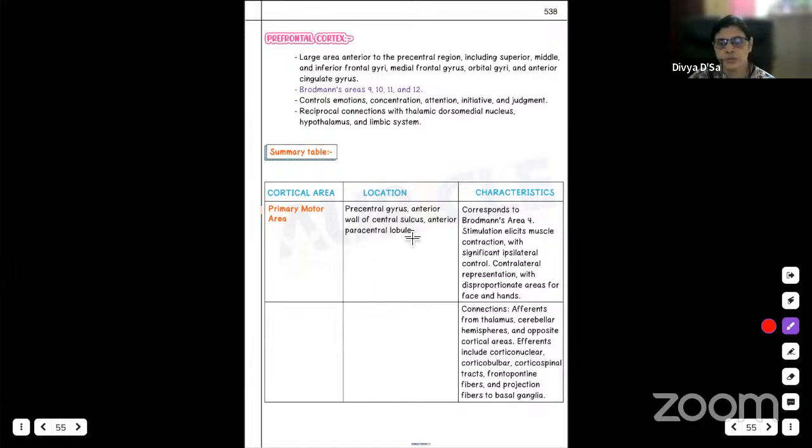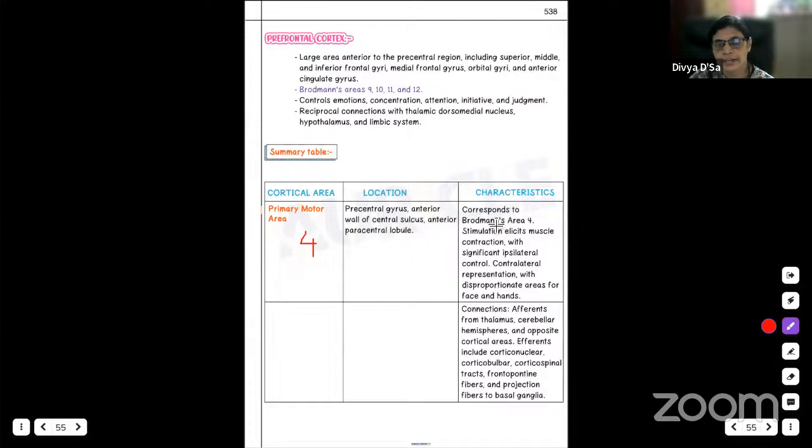Usually in the exam, you can write like this: make 3 columns, the cortical area, the location and characteristics. You can also make one more column talking about the lesion, what happens. So primary motor area, area number 4, you need to mention the area number 4. It is located in the precentral gyrus, the anterior wall of the central sulcus and anterior paracentral lobule.